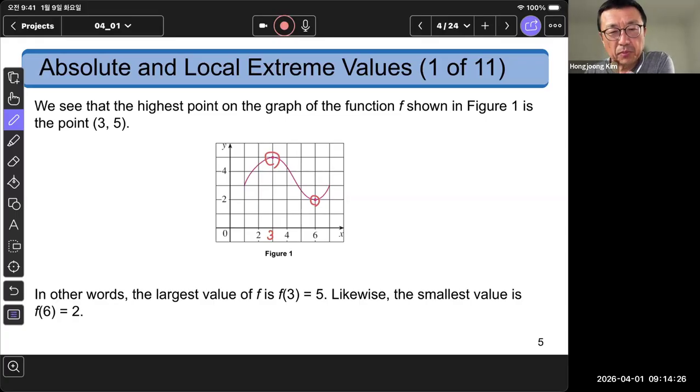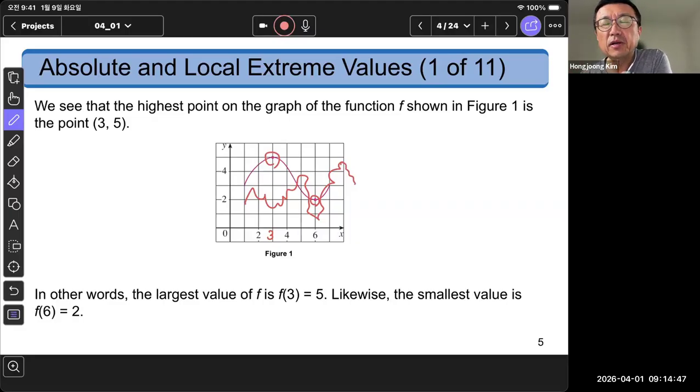The problem will be a little bit complicated if your graph is a little bit funny like this. In that case, or if we go down like this, but that's the real world situation.